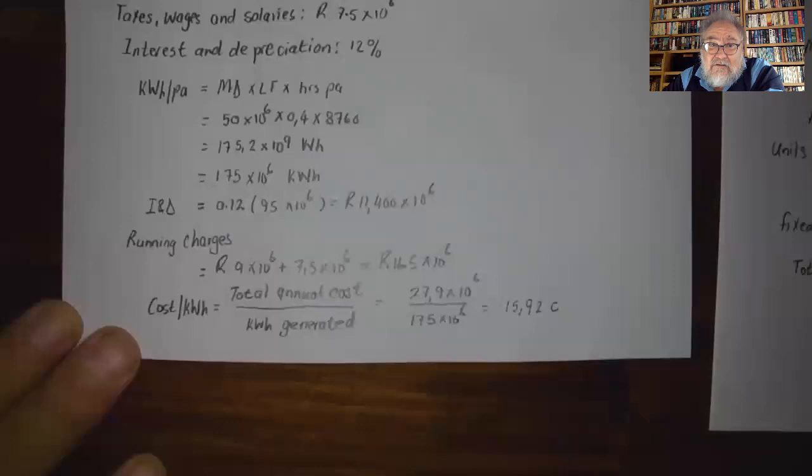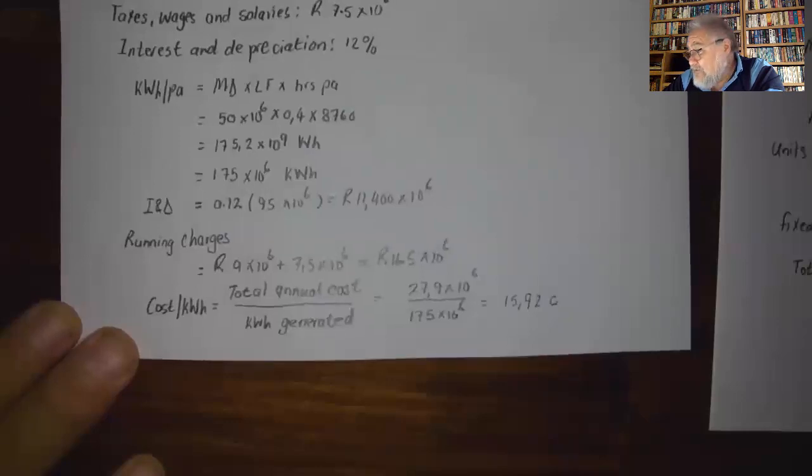So the total cost then is 27.9 times 10 to the power of 6 divided by the number of kilowatt hours generated, 175 times 10 to the power of 6. That gives us a cost of 15.92 cents.